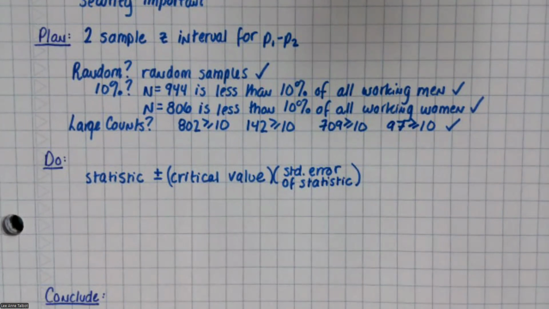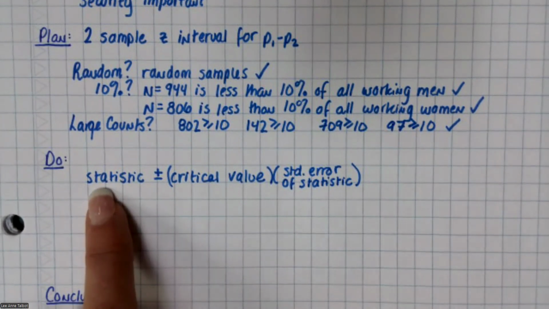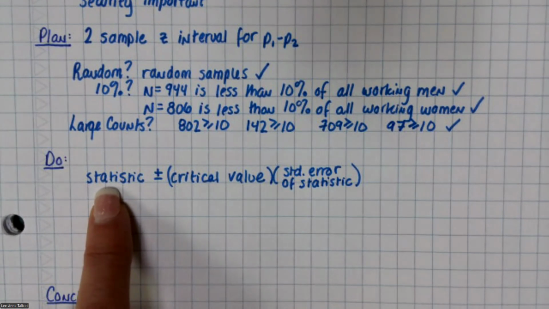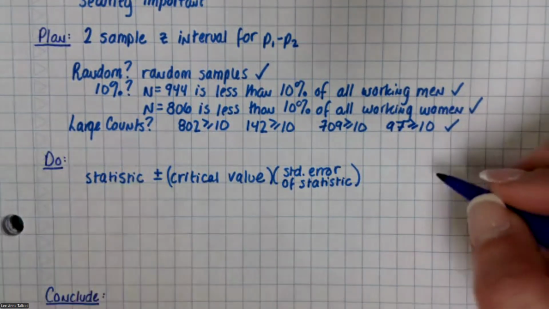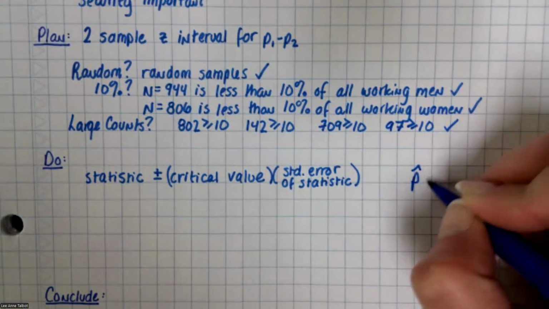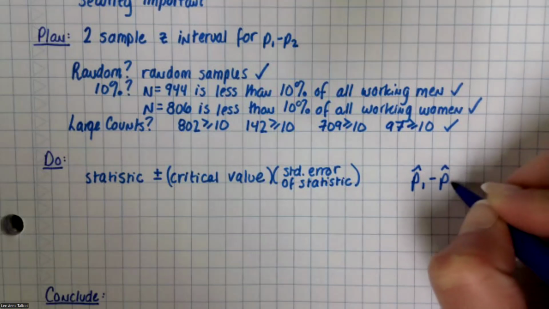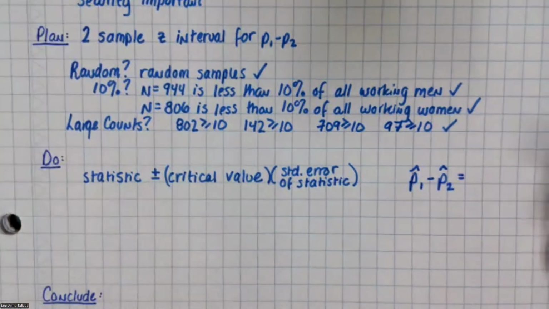I'm doing it because I want it to bury itself into your brain so you can't forget it. In this particular problem, the statistic is p hat 1 minus p hat 2. Over to the side, I'm going to write p hat 1 minus p hat 2 equals.